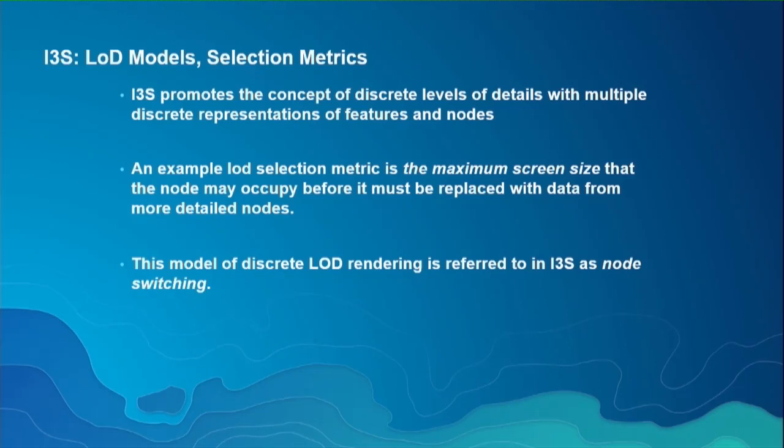So basically, a rendering application would already know what level of detail it needs to be fetching for that given node index document that it got. Based on that, it can determine whether it needs to get a higher level of detail or stay with what it got. And this is what this maximum screen size property, which is already pre-computed during the data generation time, is used for.